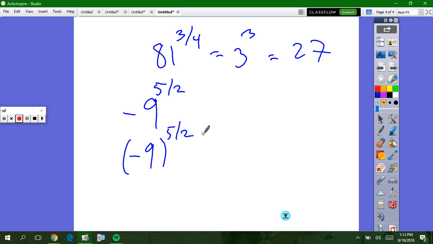The bottom one is saying -9 raised to the 5/2 power. This is saying 9 raised to the 5/2 power times -1. So which one of those can I do, top or bottom? Because remember, this is a half. Can halves or even powers be negative without getting into imaginary solutions? No, huh? Does that make sense to everybody?